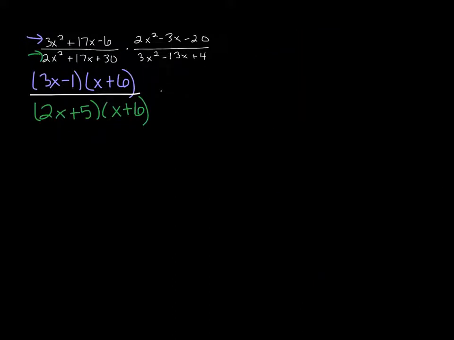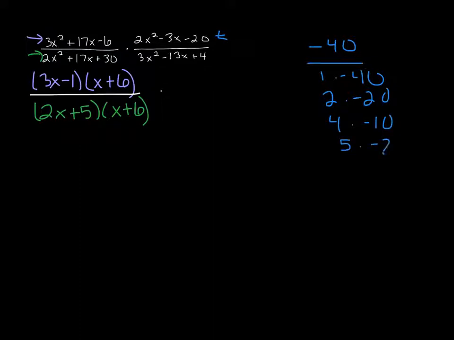Okay, now let's factor our second fraction. We'll start with the numerator again. Now 2 times negative 20 is negative 40. Signs are different. Larger is negative because b is negative. So you have 1 times negative 40 does not work. 2 times negative 20 does not work. 4 times negative 10 does not work. 5 times negative 8, that works.